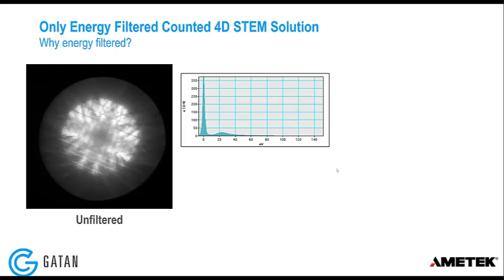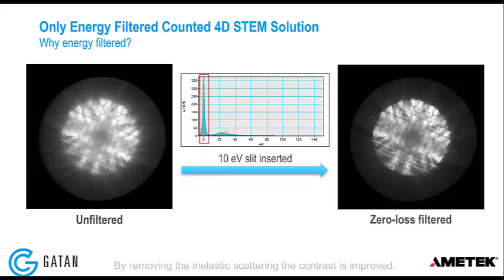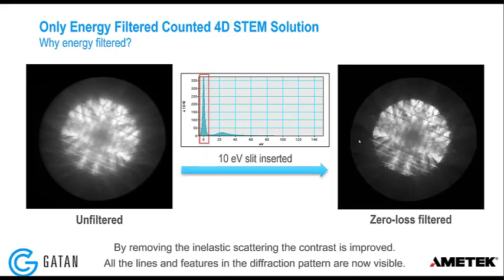But if you do have a K3 on an imaging filter, then you can apply a filter and look at a zero loss filtered diffraction pattern, which has, as you can see in comparison between unfiltered and filtered diffraction patterns here, higher signal to noise ratio and better definition of the features in the pattern.